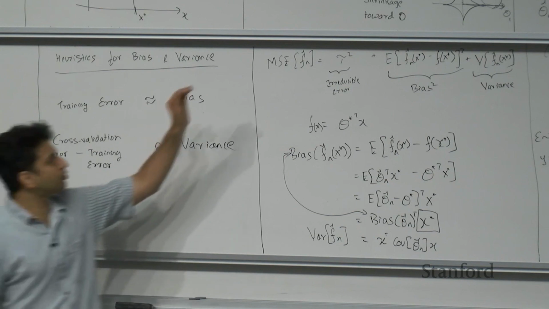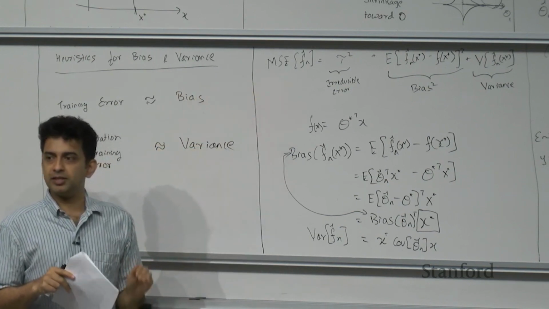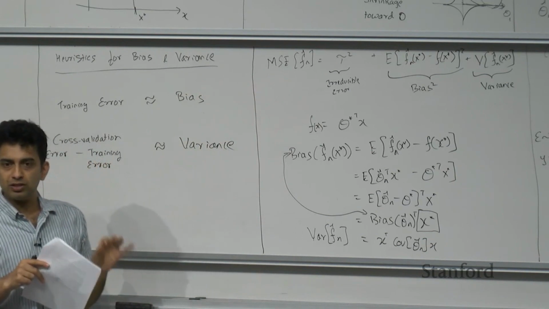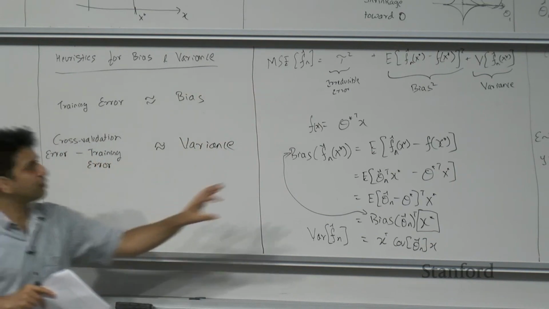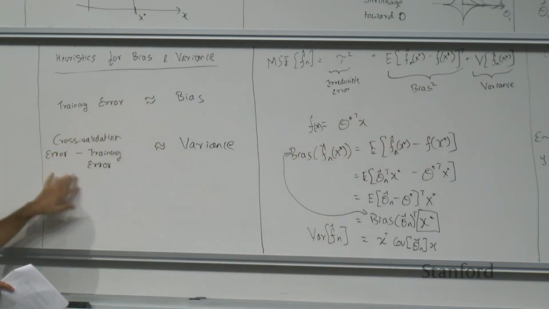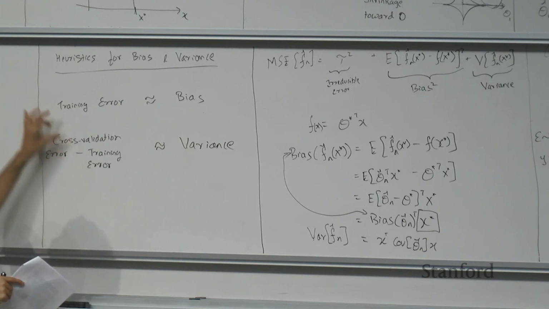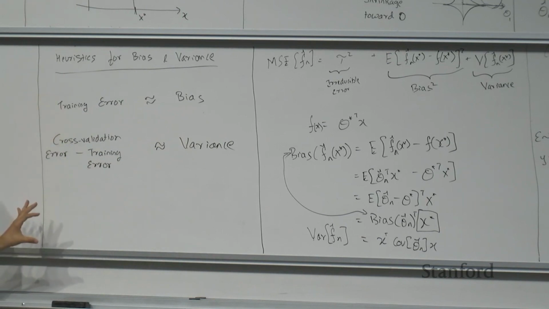In machine learning, we want to reduce generalization error, and the way you go about reducing generalization error is to construct heuristic estimates of the components, and the heuristic estimates are the training error and the cross-validation error. And only once we come up with these heuristic estimates, we make a conscious decision of whether in the next step we want to reduce bias or we want to reduce variance.